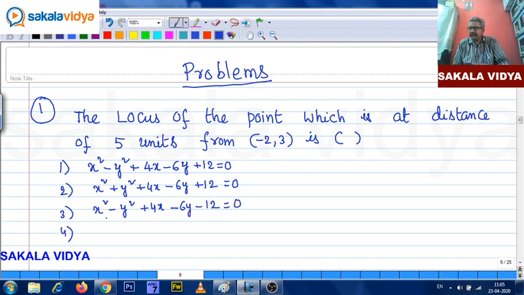Fourth option, x square plus y square plus 4x minus 6y minus 12 is equal to 0. So, this is the question.